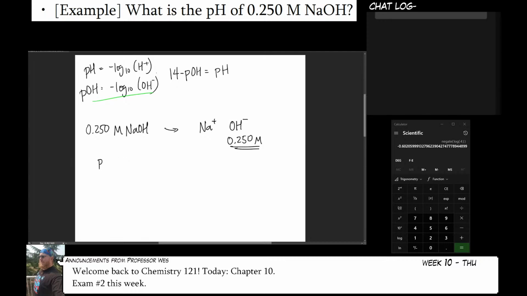So the pOH would be negative log of hydroxide, which would be negative log of 0.250.